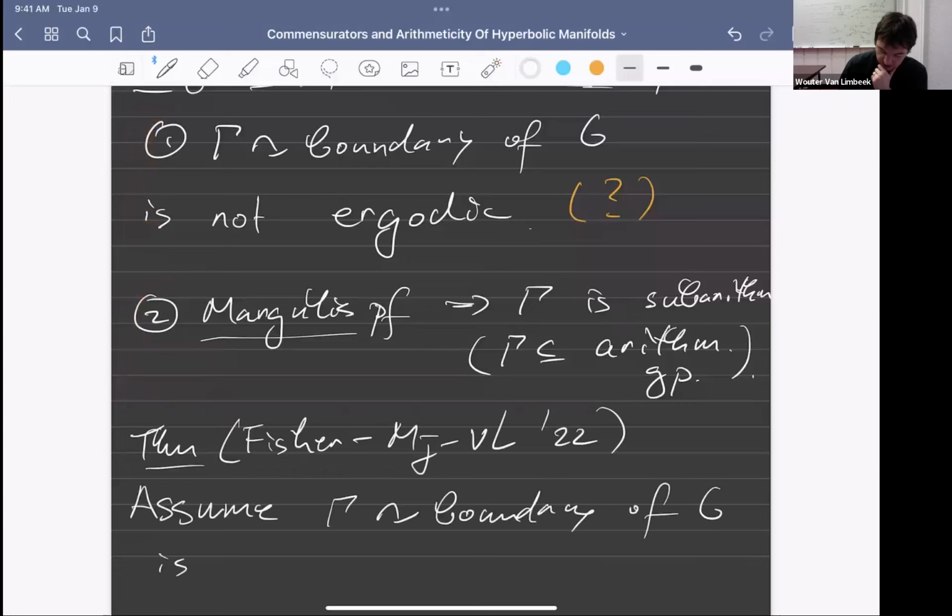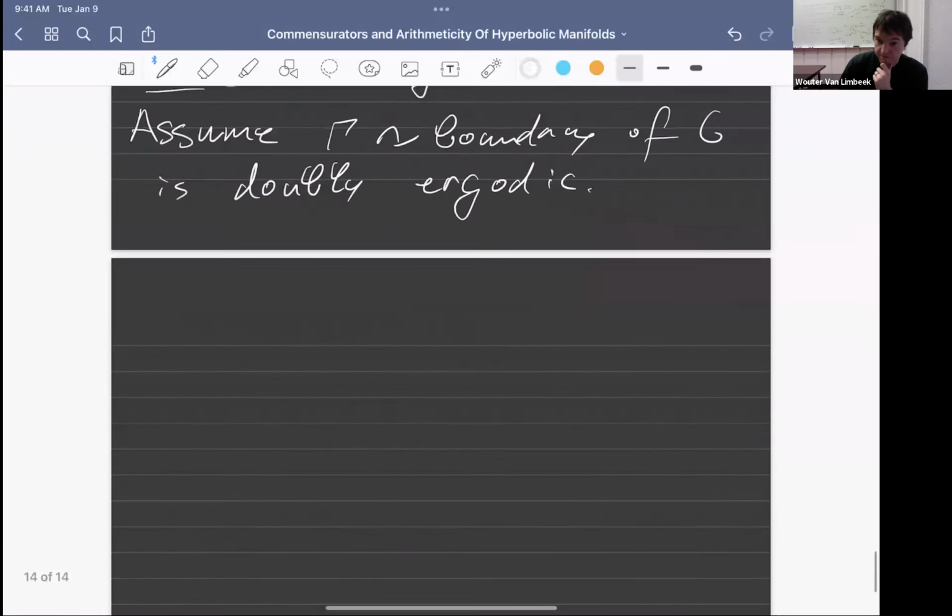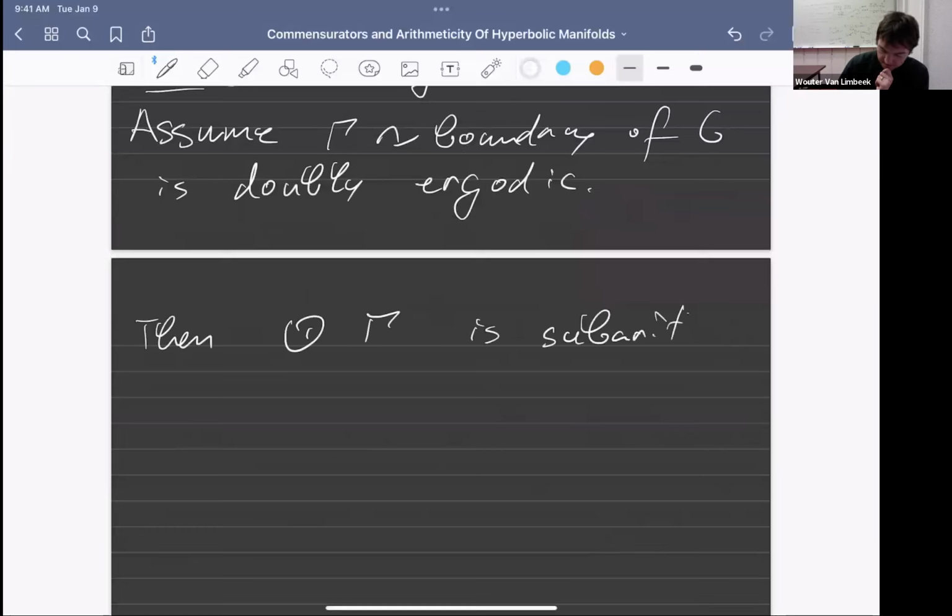We need more than ergodic, we need doubly ergodic, but okay, same general idea. Then Margulis' argument still works, so gamma is sub-arithmetic. And actually, if G has property T, then gamma is arithmetic.